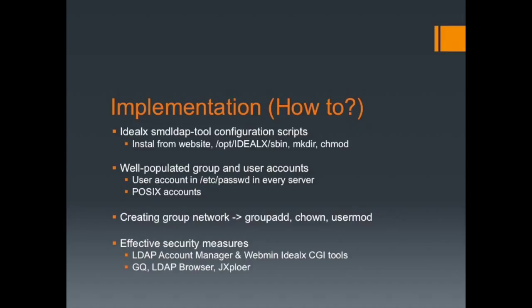And once installed and the directory is located correctly, you can then worry about configuring the script so that you can use it. What you actually have to do is create the /opt/idealx/sbin directory using the mkdir command, and then you're going to have to set permissions with it using the chown and the chmod commands.